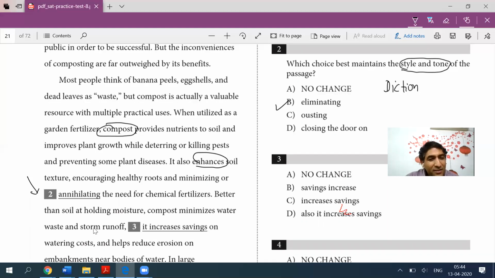Better than soil at holding moisture, compost minimizes water waste and storm runoff. It increases. So if I have to maintain the same structure, better than soil at holding moisture is a modifier, which is modifying compost and then telling further things about it. So compost is better than soil.